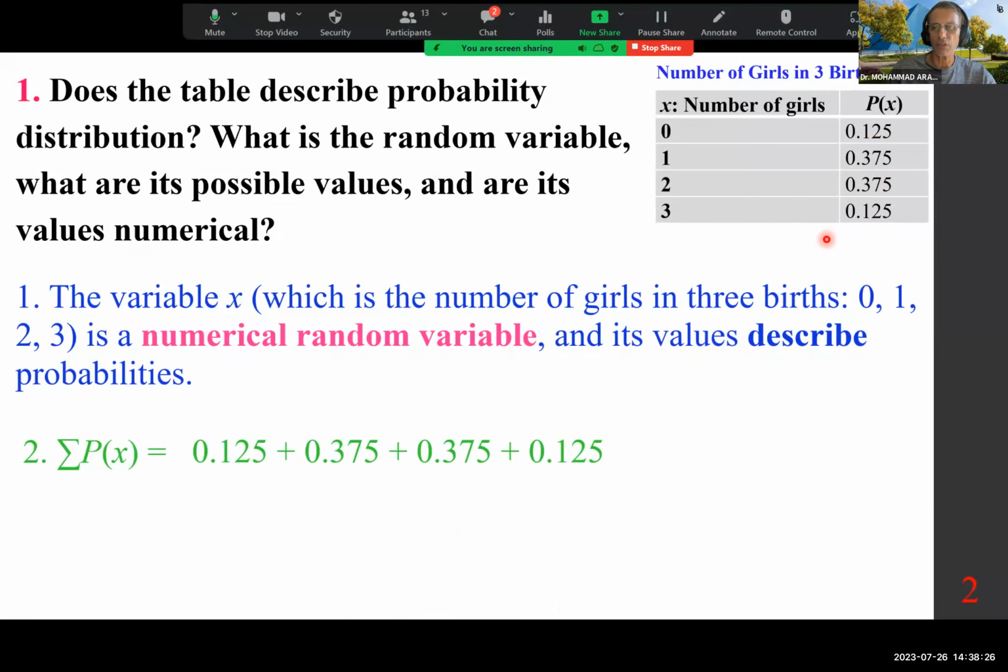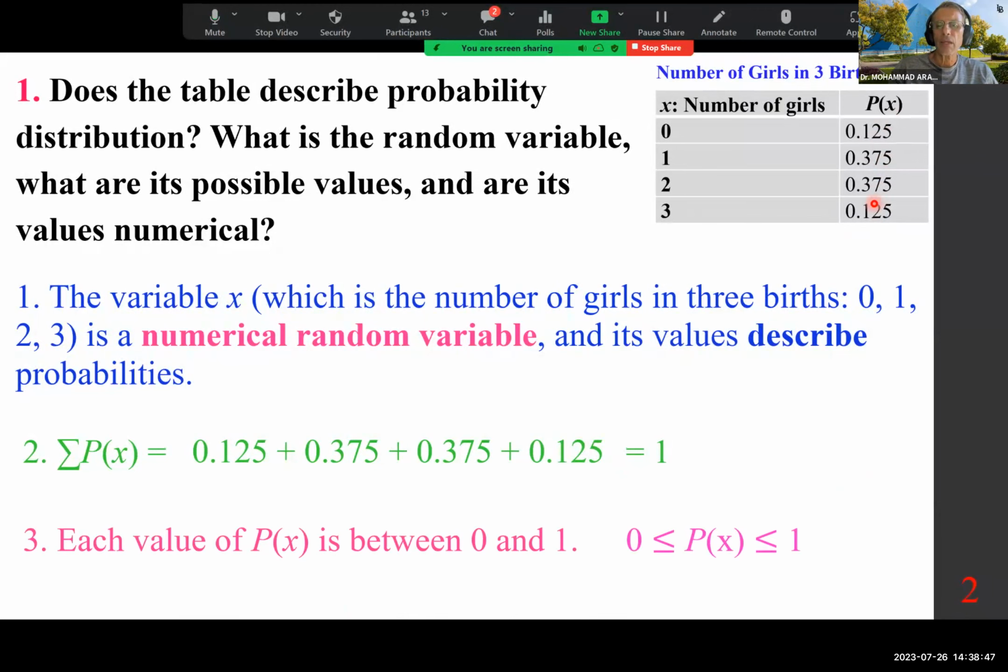The only time it may not is if we have a round-off error, so the result may be 1.000 with a bunch of zeros and then a 1, or 0.99999. That really means it's 1, due to round-off error. The next criterion is that each one must be between 0 and 1. We can never have a negative probability.